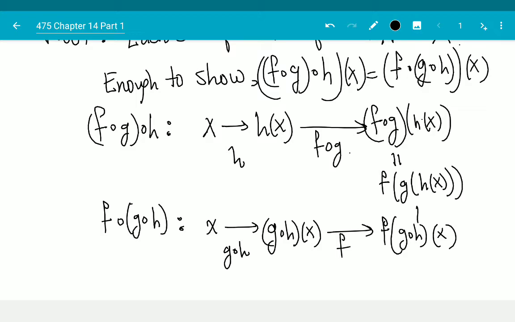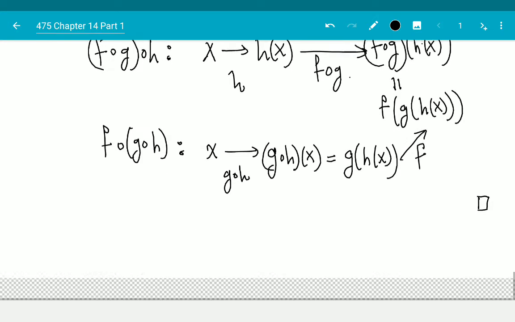But this is equal to f of g of h of x. Maybe I should have written this separately. This is equal to g of h of x, and this under f goes exactly here, right? And so both of these sides are equal, and therefore they are equal for every x.